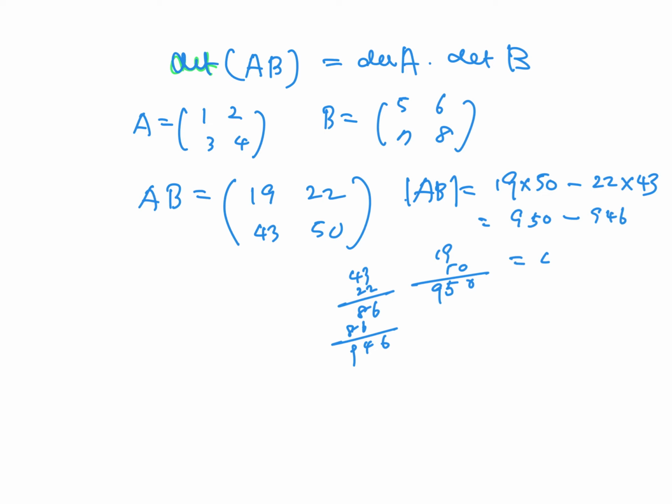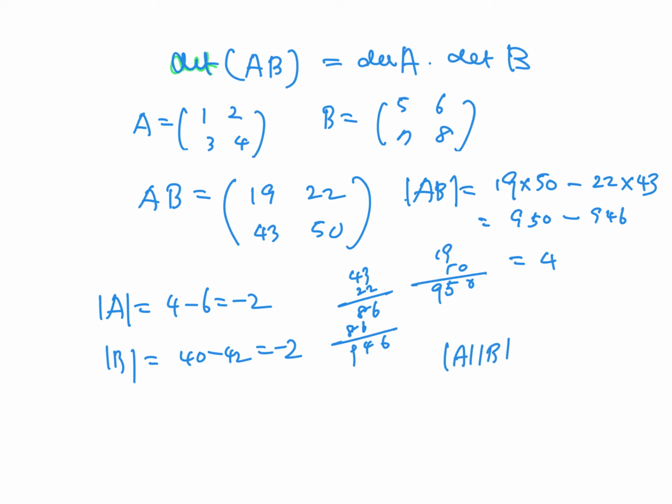Is 4, right? Determinant A, 4 minus 6 is minus 2. Determinant B is 40 minus 42 is minus 2. So determinant of A times B is again minus 2 times minus 2 is 4. So you can see that by example.